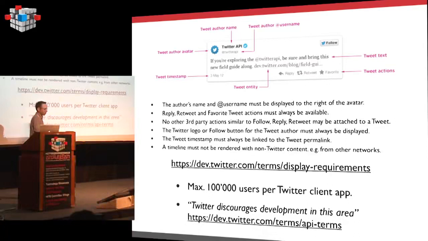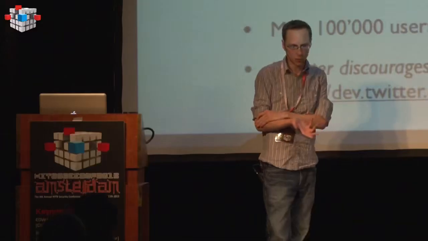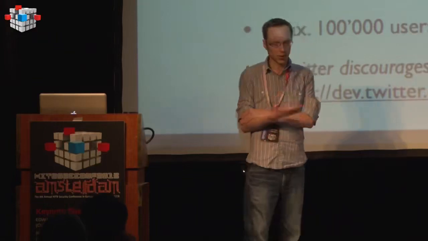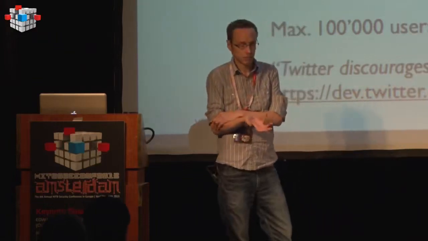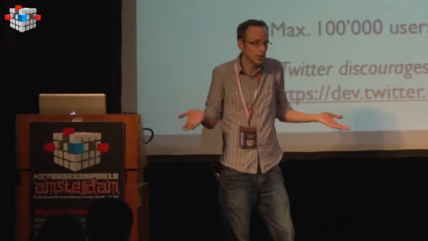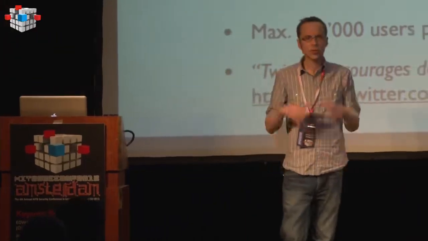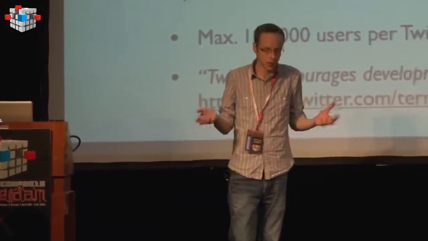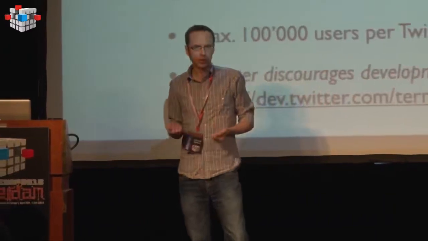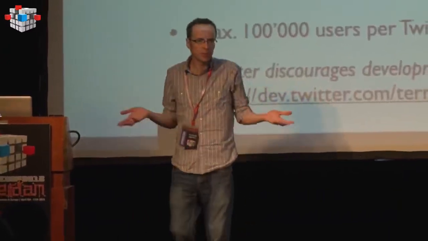And you also have a couple of additional limitations related to your Twitter client. For example, your Twitter client can never have more than 100,000 users, or the additional users just can't log in. So in a general way, Twitter discourages Twitter client development. It is Twitter's policy, right? Okay.